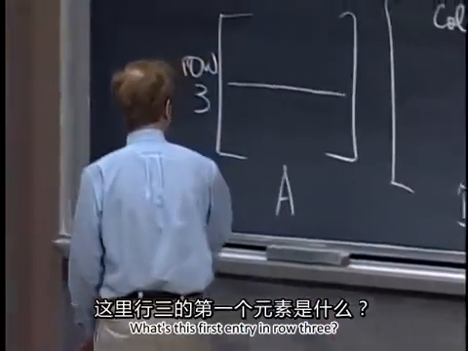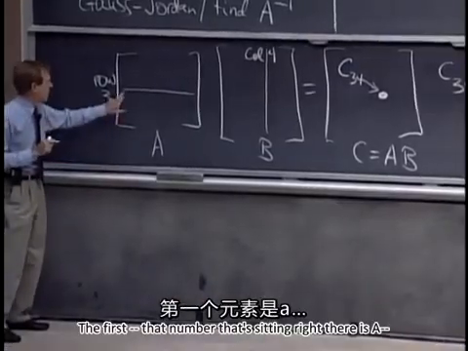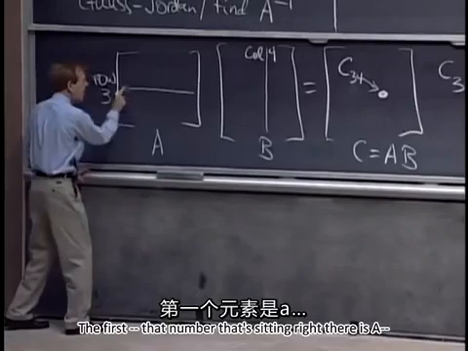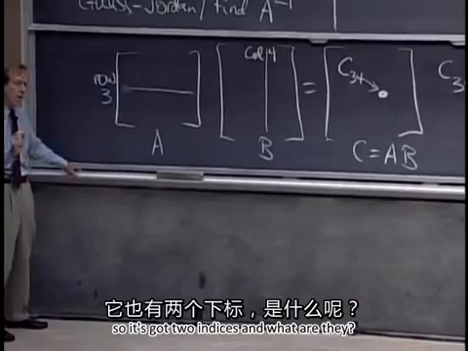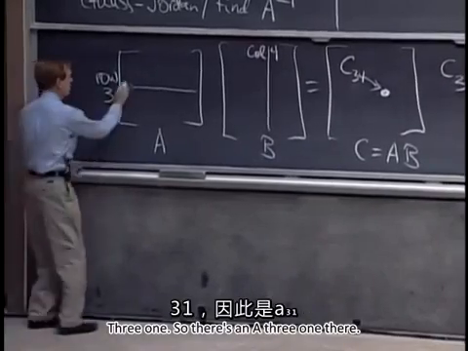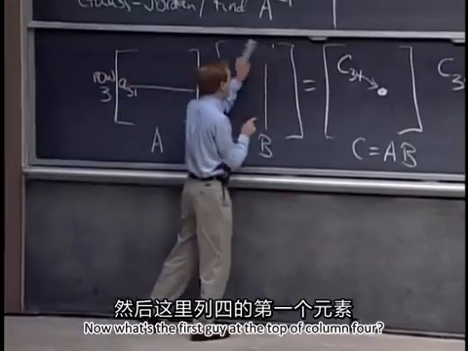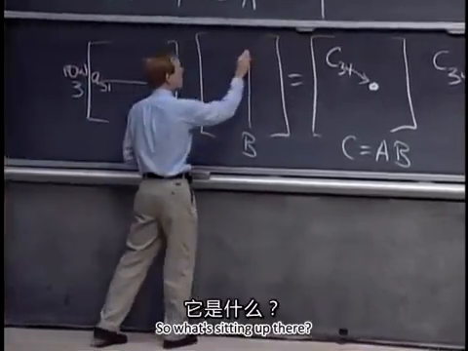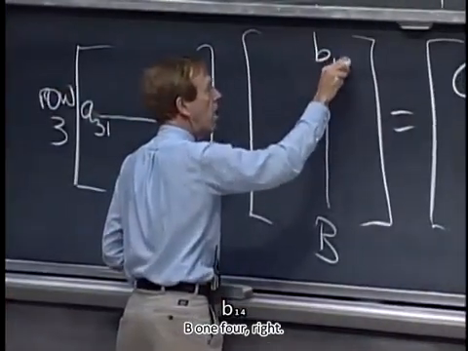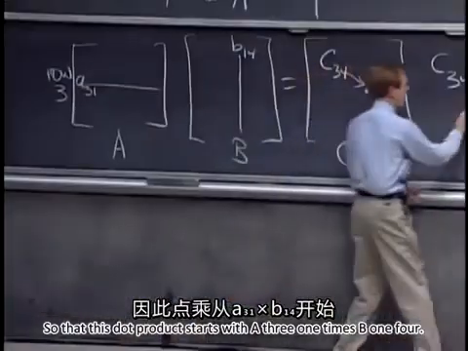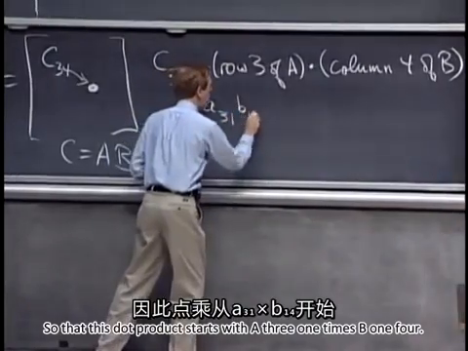What's this first entry in row 3? That number that's sitting right there is A, so it's got two indices, and what are they? 3, 1. So there's an A, 3, 1 there. Now what's the first guy at the top of column 4? B, 1, 4, right. So this dot product starts with A, 3, 1 times B, 1, 4.